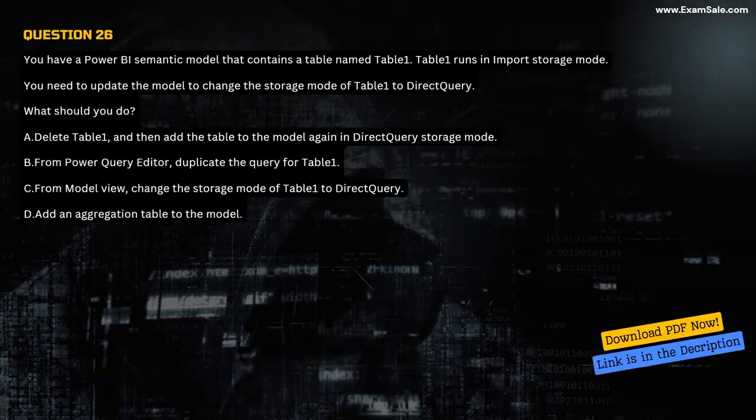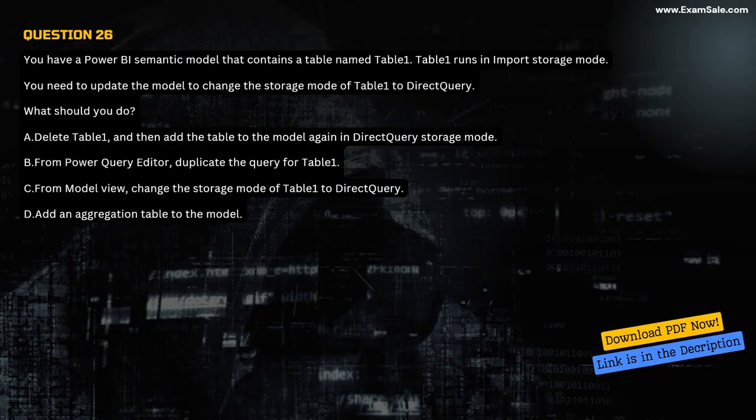Question 26. You have a Power BI semantic model that contains a table named Table 1. Table 1 runs in import storage mode. You need to update the model to change the storage mode of Table 1 to Direct Query. What should you do? A. Delete Table 1, and then add the table to the model again in Direct Query storage mode. B. From Power Query Editor, duplicate the query for Table 1.